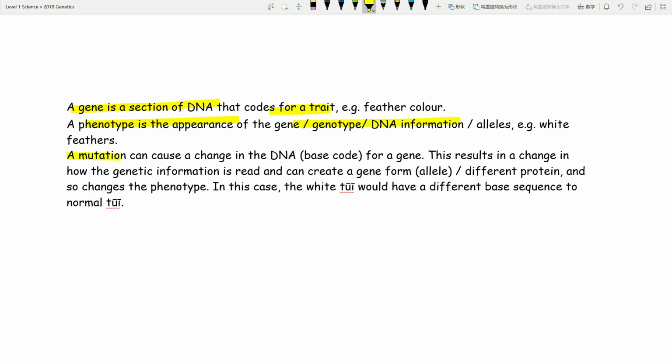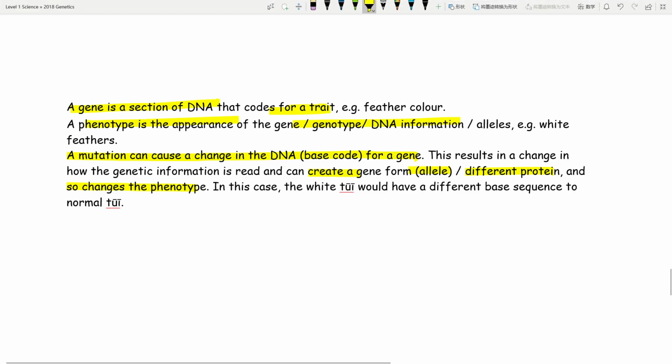Now, a mutation can cause a change in the DNA base sequence for a gene. Normally this creates a new allele, because you have different base pairing, a different base sequence, which results in a different protein, and that results in a change of the phenotype. One thing you do need to do in this type of question is relate back to the example you've been given.